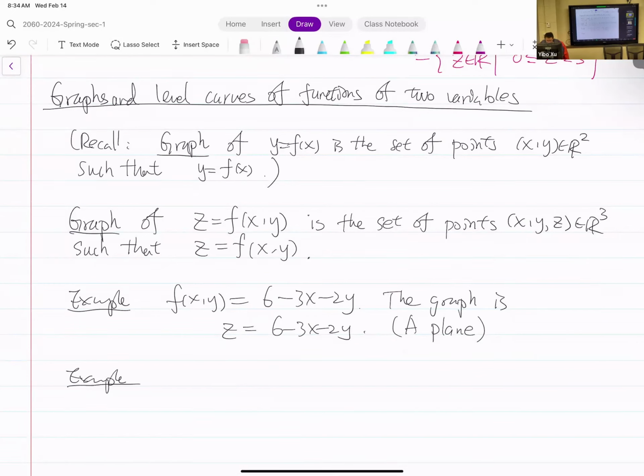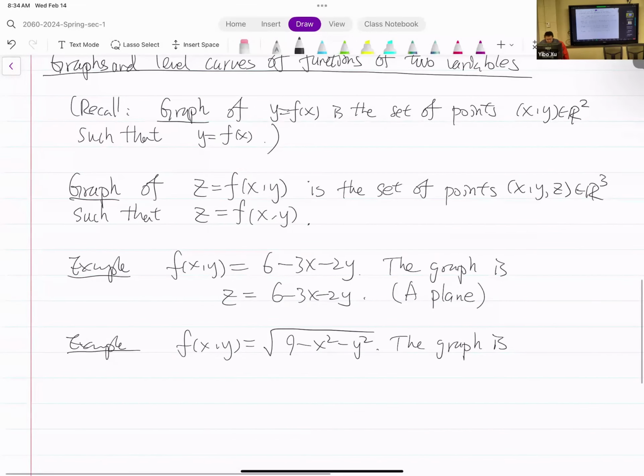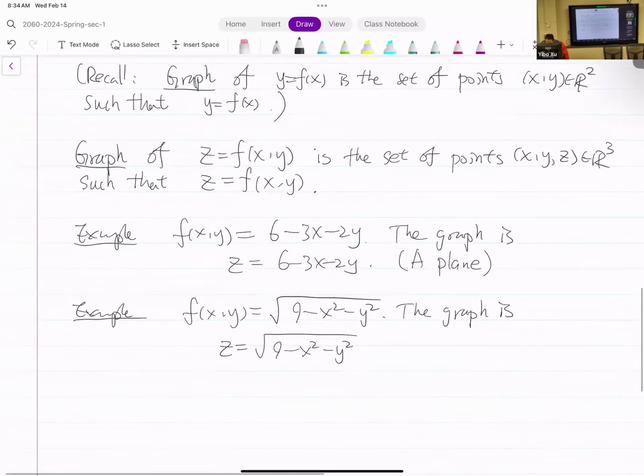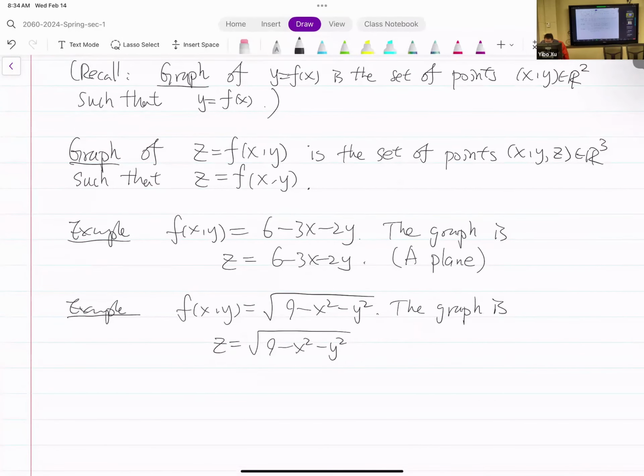Another example. Now let's think about the bivariate function as the radical of 9 minus x squared minus y squared. Still, if we want to do the graph, we have to introduce z to represent the output, and then we still have the option to modify the equation a little bit. So basically, what do we know? We know that of course we can square both sides, and then we can get rid of the radical.